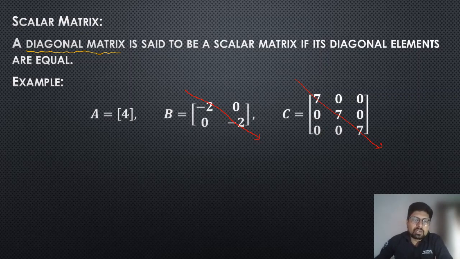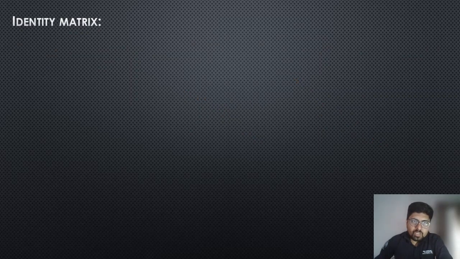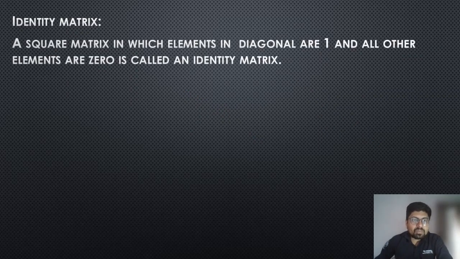Let's go to another definition called identity matrix. Again, a square matrix in which elements on the diagonal are 1 and all other elements are 0 is called an identity matrix. Make sure this definition is only for a square matrix. So for a rectangular matrix, we cannot find the identity matrix. It is only for a square matrix.